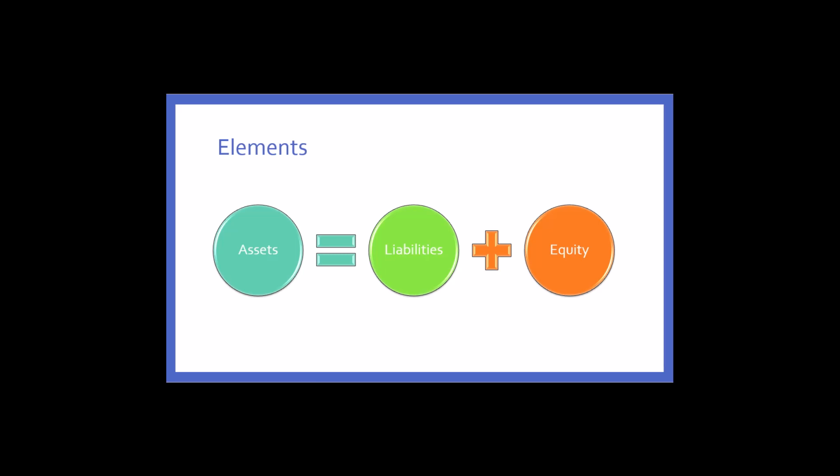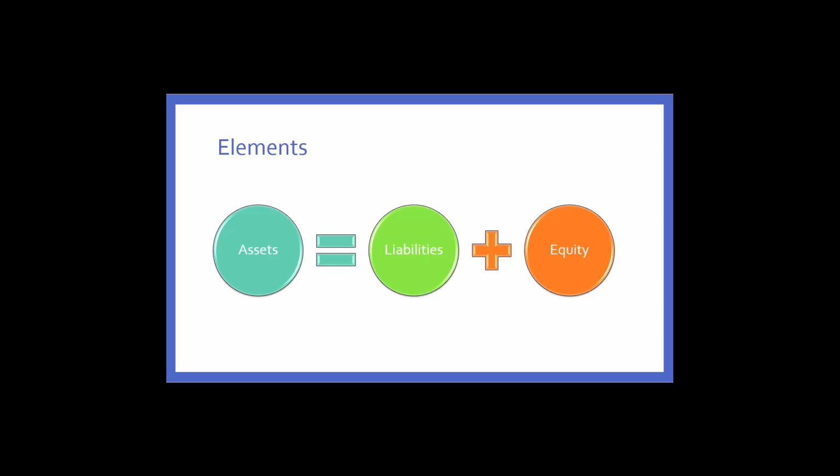It all means the same thing. As we progress, we will learn about the individual elements within each of these categories. In fact, in one of the next video series, we're going to do a deep dive into the accounting equation. But for now, we'll just do a brief overview of these elements.